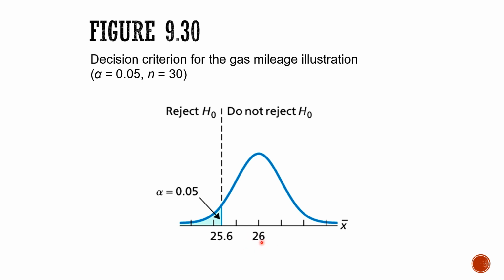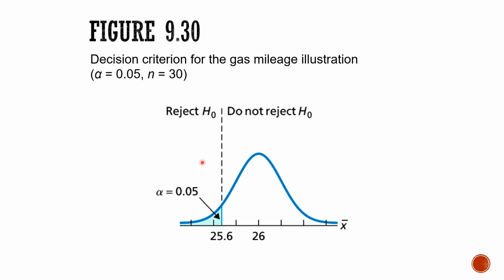The null hypothesis mean was claiming the MPG to be 26, so they've placed it at the center of this curve. Over on this side, you see the reject region like we drew previously. The reject region is to the left and the do not reject region is to the right hand side.